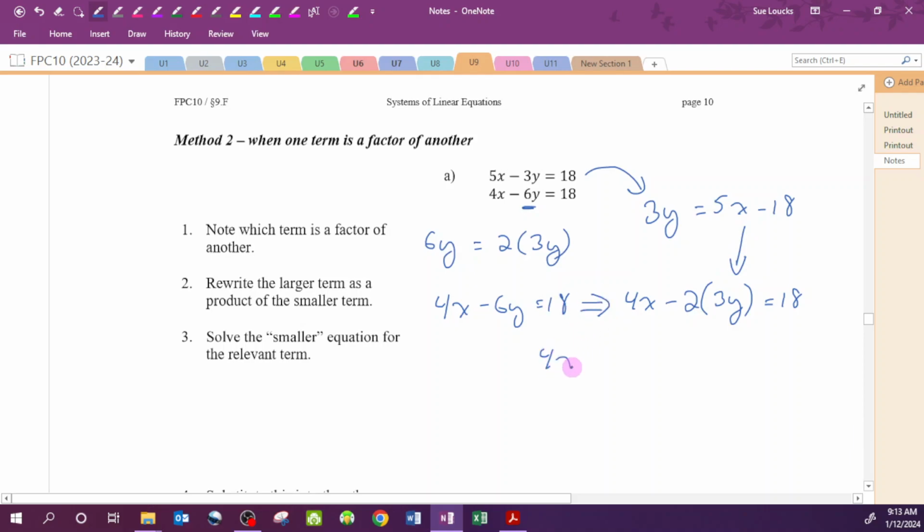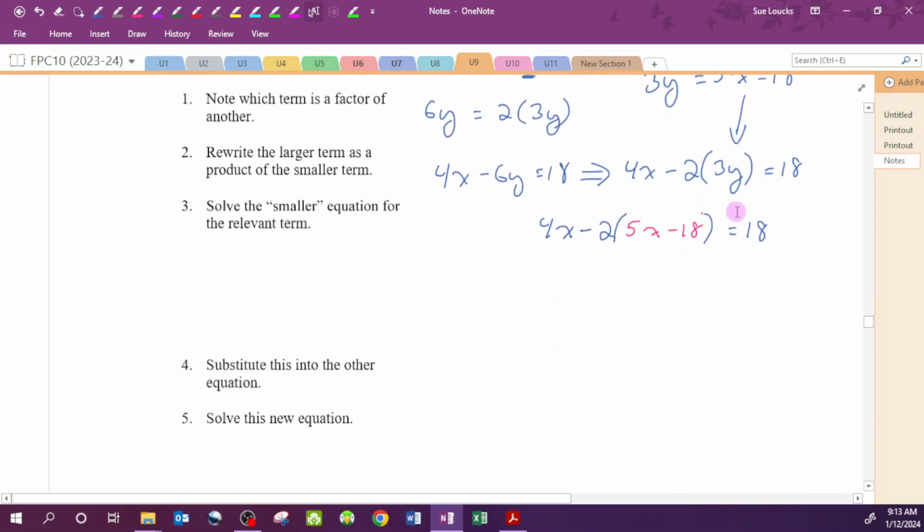So I get 4x minus 2 times (5x minus 18) equals 18. And then I'm just going to solve this. So that was step 4 up here. Now I'm going to solve this equation, which will get me a value for x.